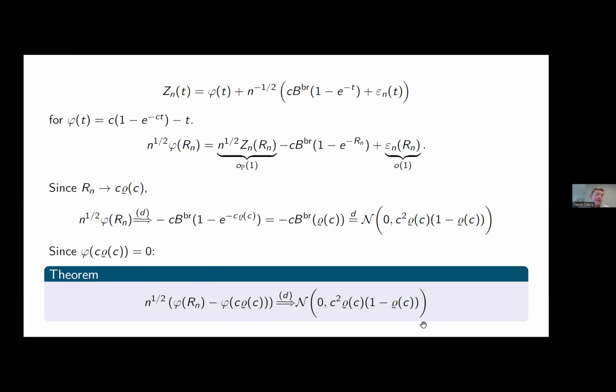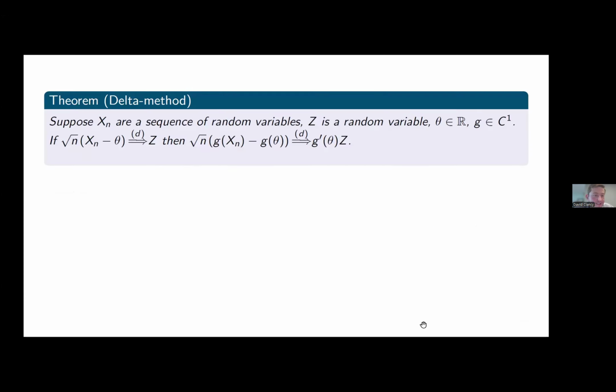And if you've taken an asymptotic statistics class early on, you learn something called the delta method.